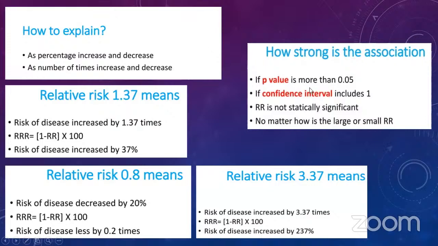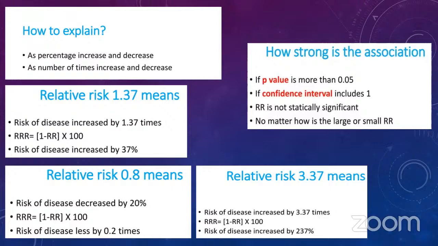So how strong is the association? When a relative risk is noted, I will go into the confidence interval again later on. If the p-value is more than 0.05, or the confidence interval includes 1, a relative risk won't be statistically significant.